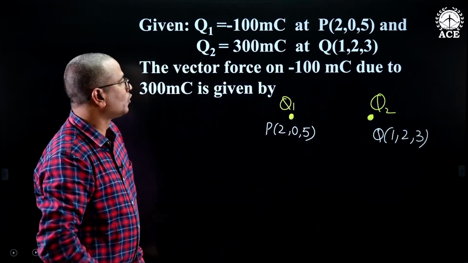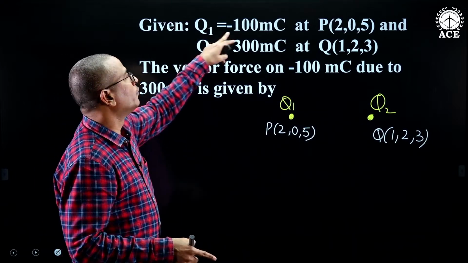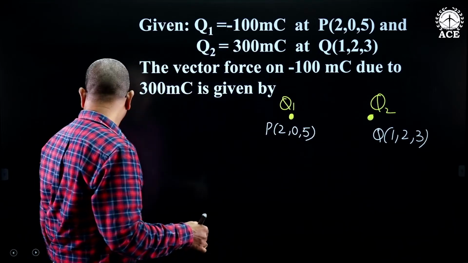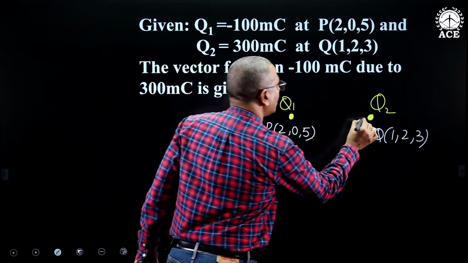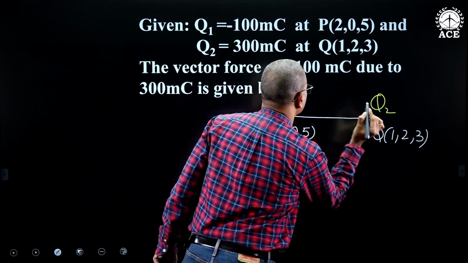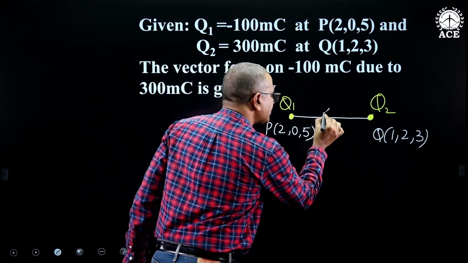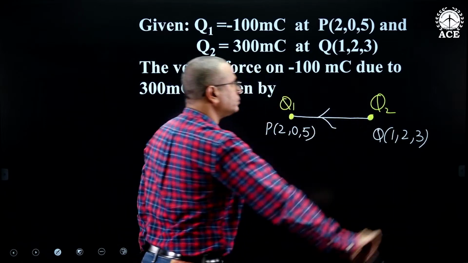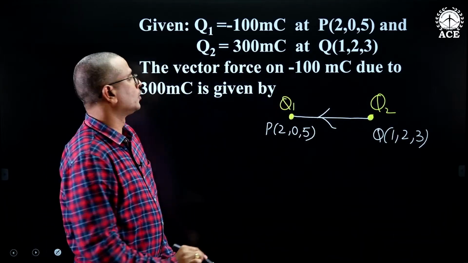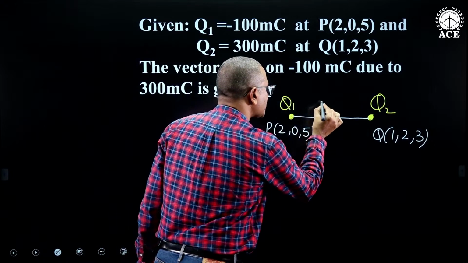We wish to find force on Q1, on minus 100 millicoulomb. Then we must draw the displacement. I wish to find force on minus 100 millicoulomb due to Q2.